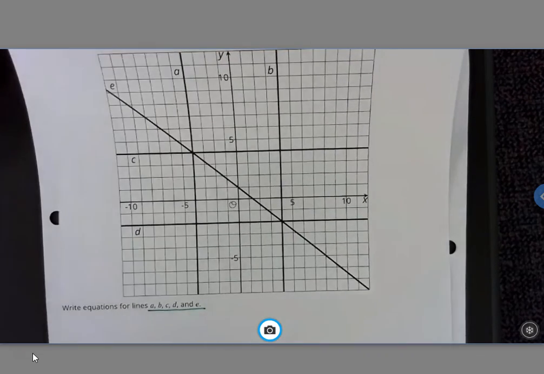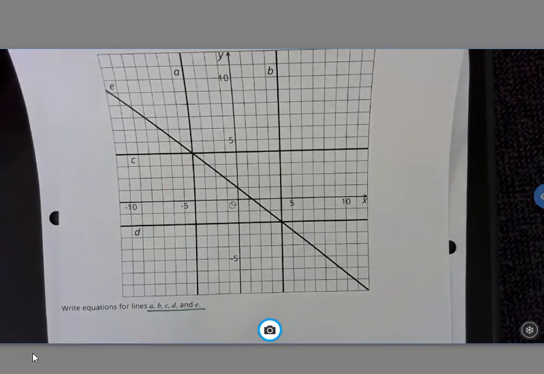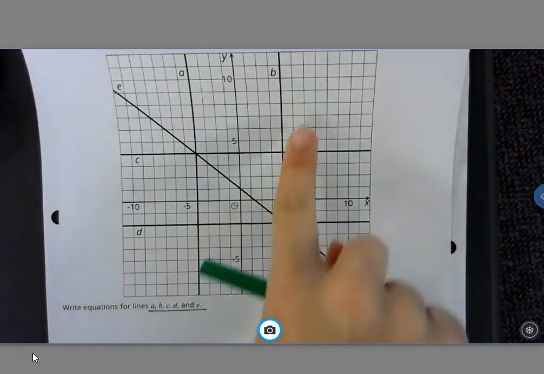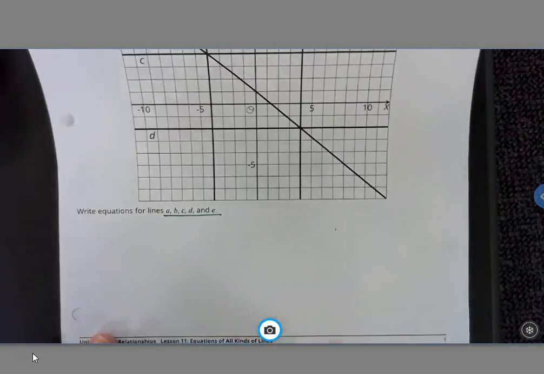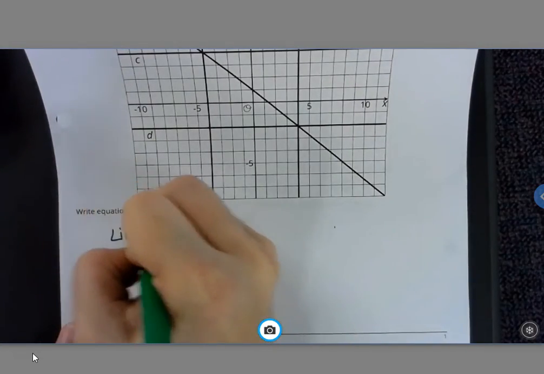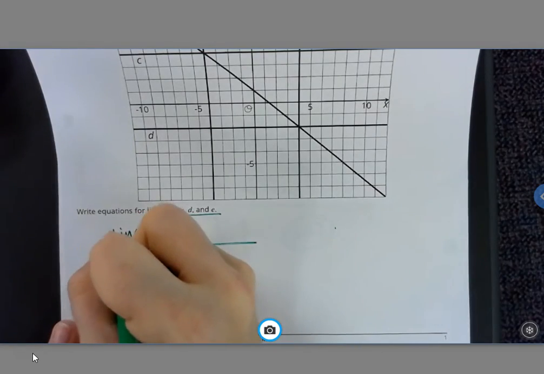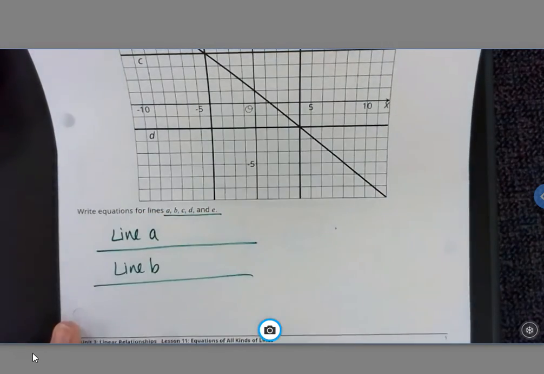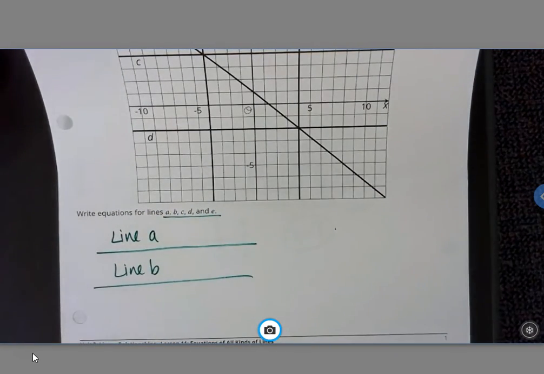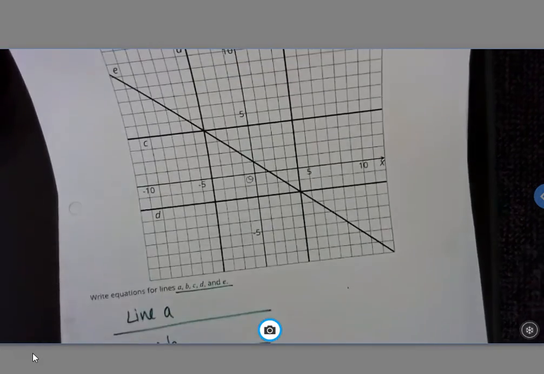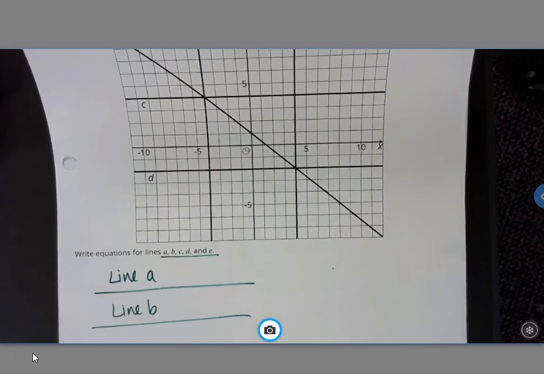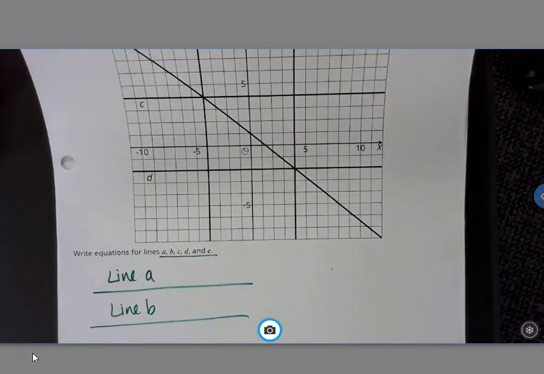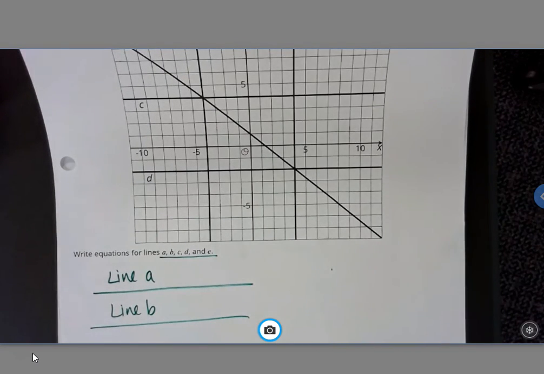You need to write the equation for all 5 lines. Here's A, here's B, here's C, here's D, here's E. Make sure that you distinguish. I would separate out your equations so that I know which one goes with which. If you just write the equations and you don't tell me which one is which, I'll have to count it wrong. Guys, please be on your best behavior.